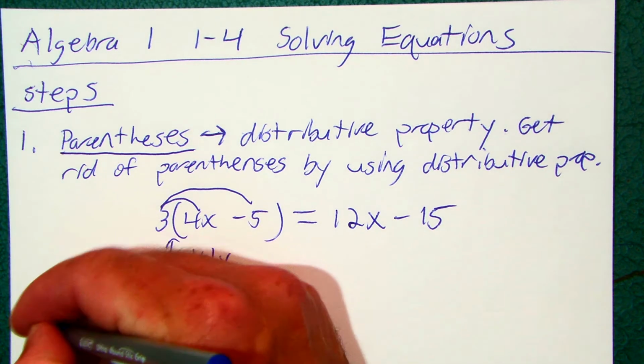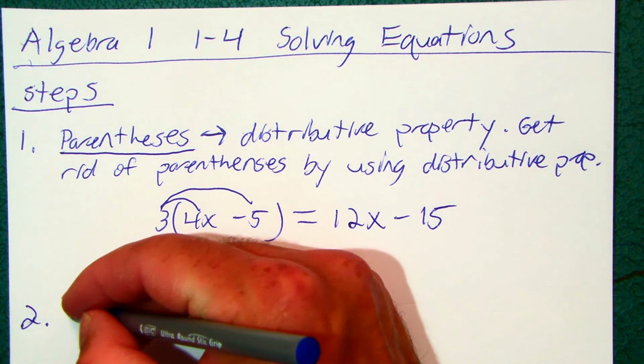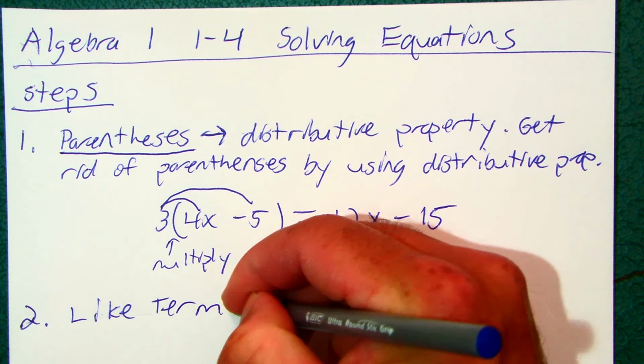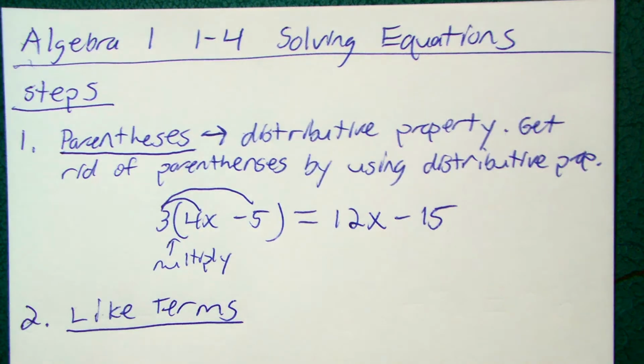Second, we're going to look for like terms. This is where putting a line through the equal sign, which we've been talking about, is really important with like terms.